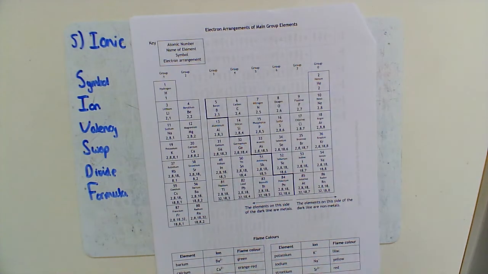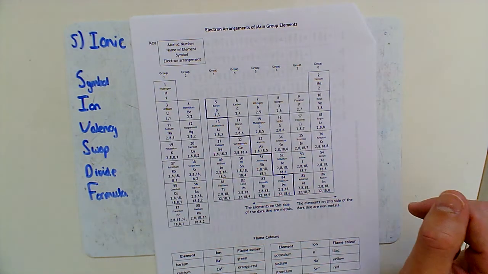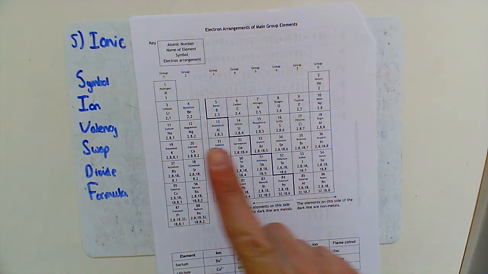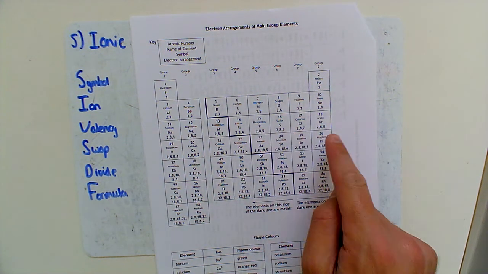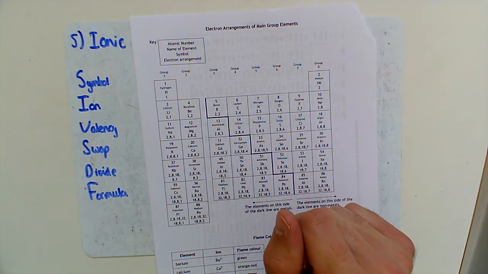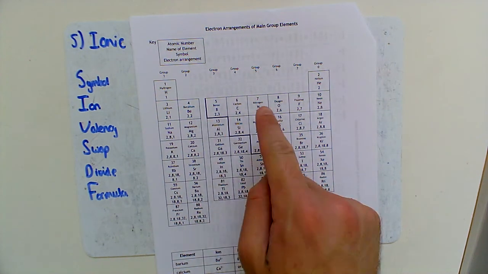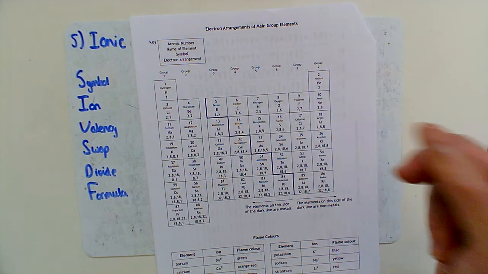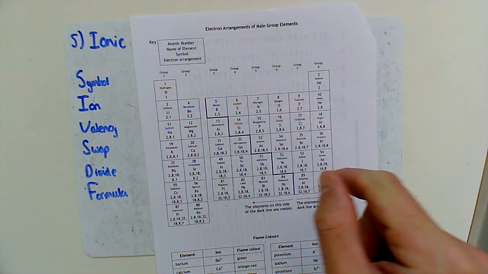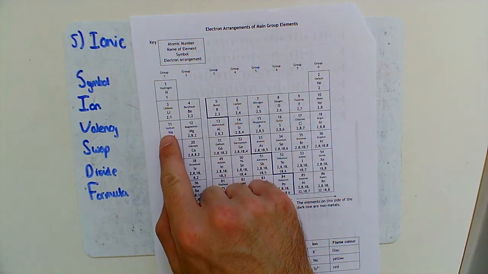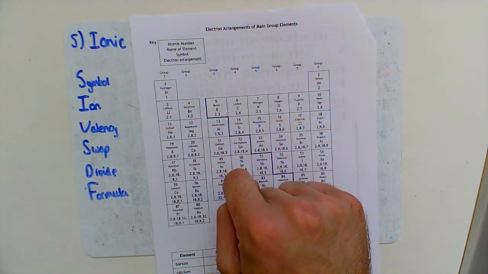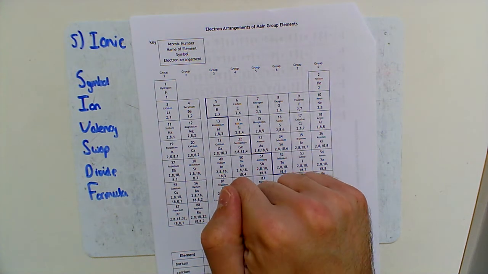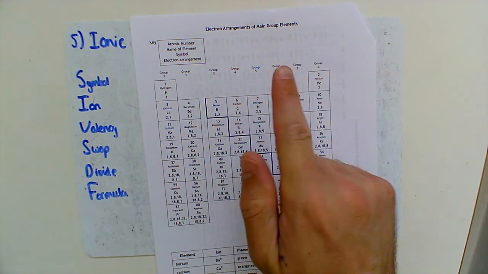Now, on the periodic table, this is ignoring the transition metals. Group 1, 2, 3, 4, 5, 6, 7, 8. Valency goes 1, 2, 3, 4, 3, 2, 1. Charge: +1, +2, +3. Group 4 is strange because it's plus or minus 4.